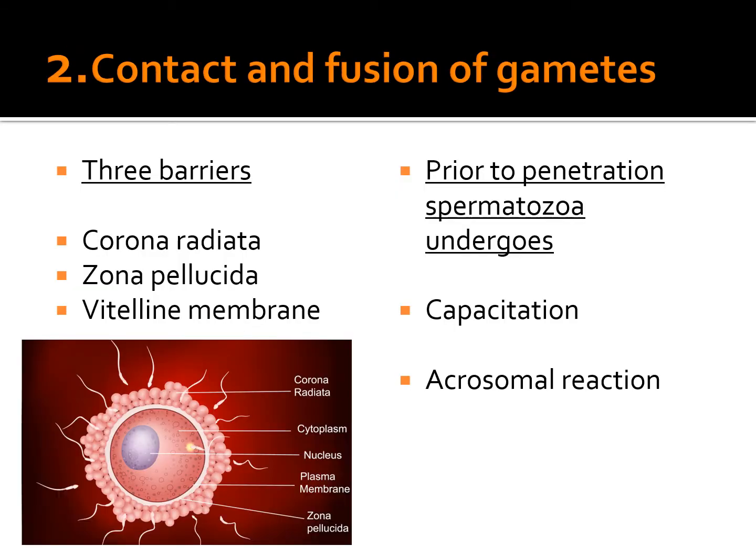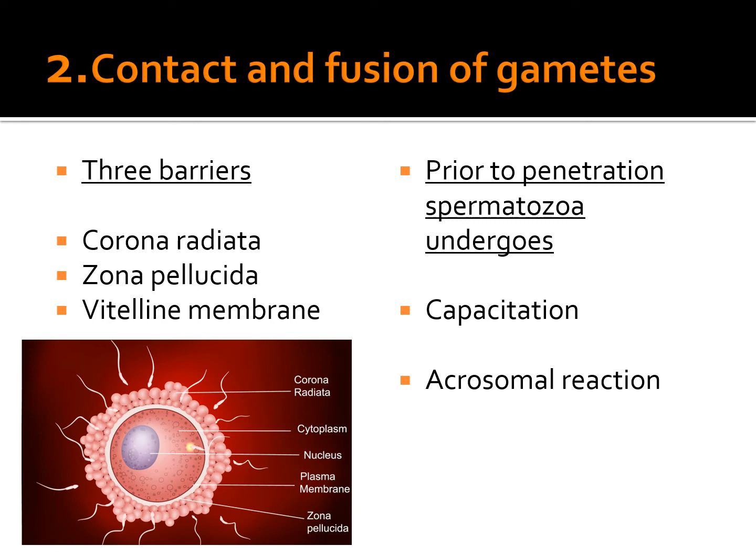Now we'll see the second stage of fertilization, that is contact and fusion of gametes. First we are going to see the three barriers which prevent the entry of the spermatozoa. The first is the corona radiata, then the zona pellucida, and the innermost one is the vitelline membrane.